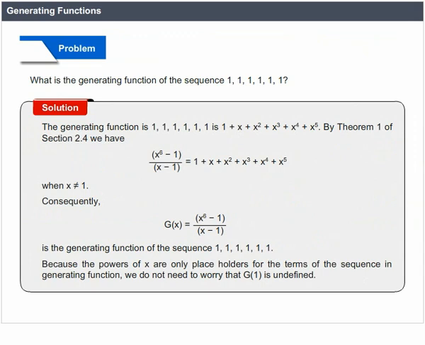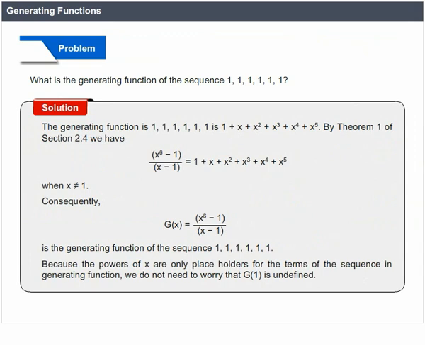Consequently, g(x) = (x^6 - 1)/(x - 1) is the generating function of the sequence 1, 1, 1, 1, 1, 1. Because the powers of x are only placeholders for the terms of the sequence in a generating function, we do not need to worry that g(1) is undefined.